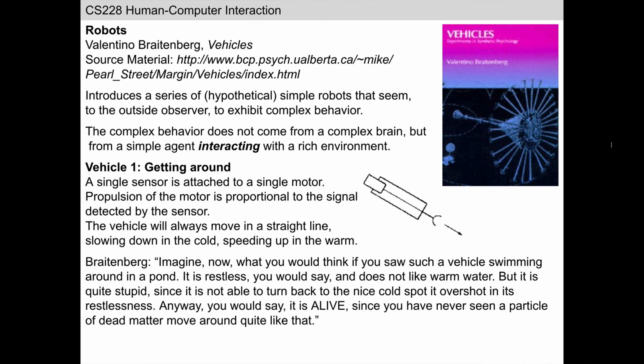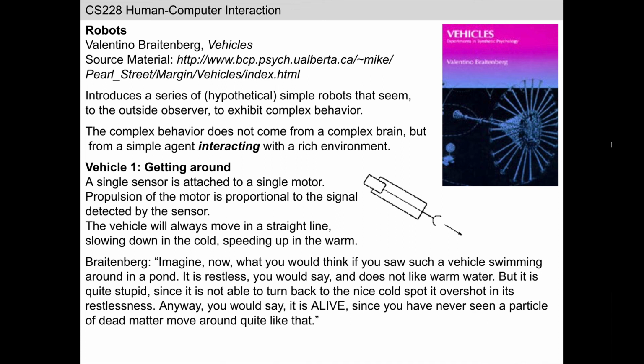These doodles eventually became a book, again called Vehicles. It's an interesting book. It's not very long, less than 100 pages, and it's written like a fairy tale, broken up into chapters. In chapter 1, Breitenberg introduces Vehicle 1, which is about as simple as you can get.